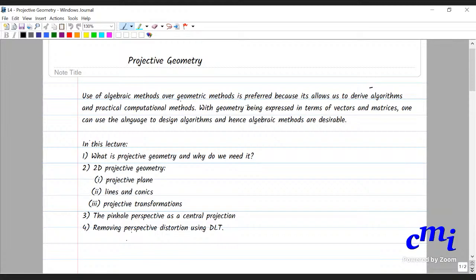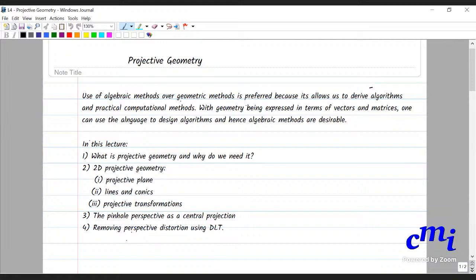And for the camera matrix, for computing this or understanding the imaging process in a camera, it turns out that the language to use is that of projective geometry. So let us see what projective geometry is and why we need it.